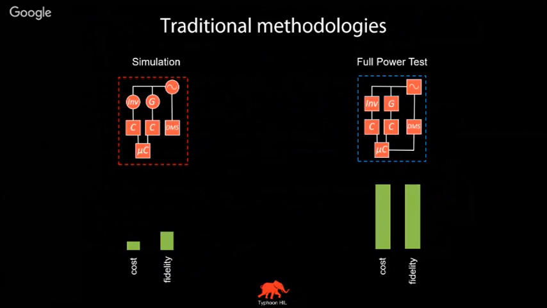So when we speak about some traditional methodologies, this is a very simplified presentation. We are all familiar with the different simulation tools that we use on an everyday basis, MATLAB probably being the most common, the one that probably every single attendee to this presentation has spent some time with.